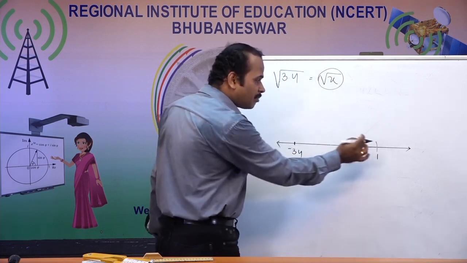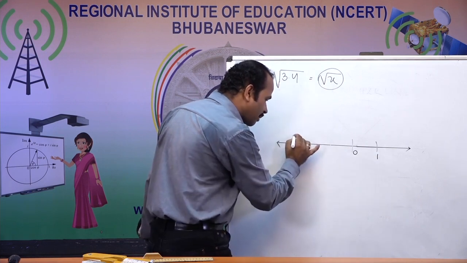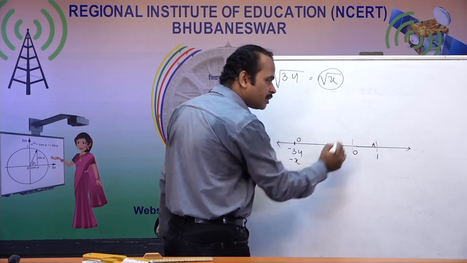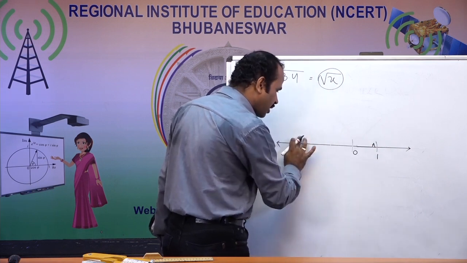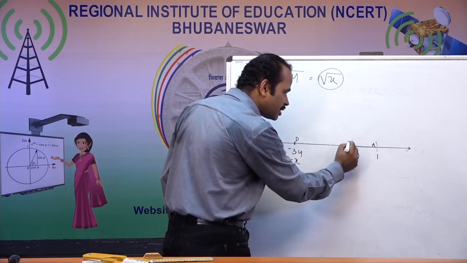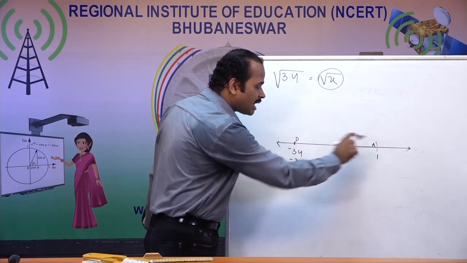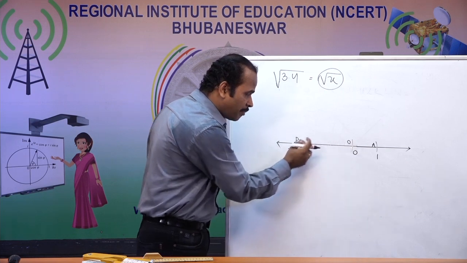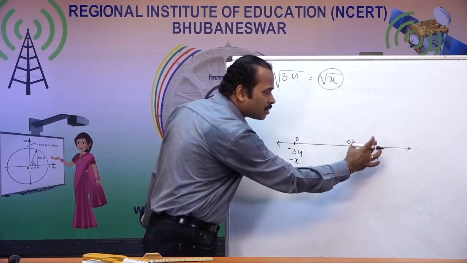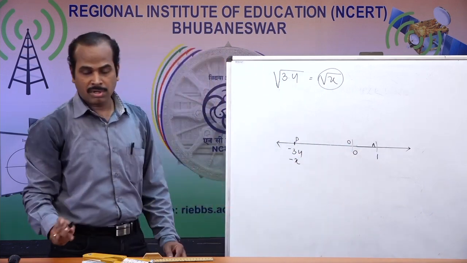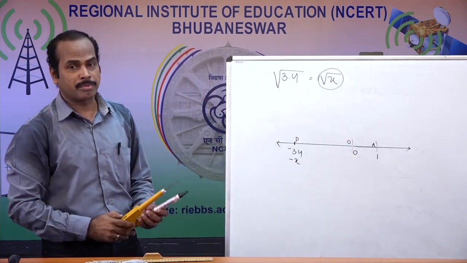Let me name this point P, this is O, this is A. Now what is the distance from P to A? This distance is 3.4 and this is 1, so 1 plus 3.4, the total distance now becomes 4.4.